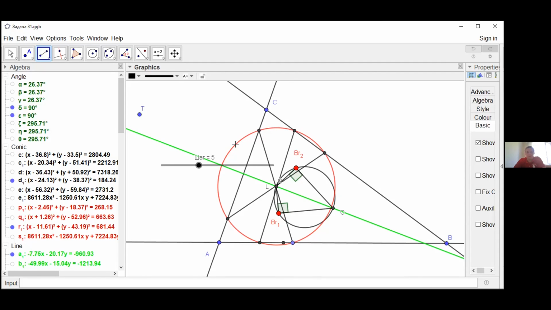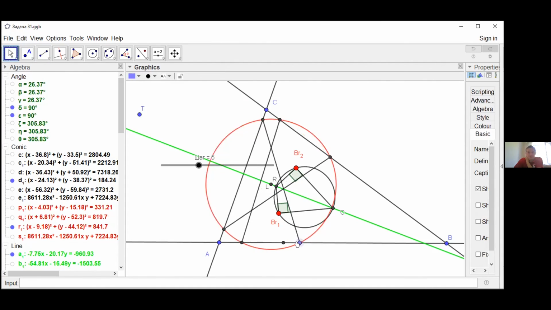This circle is called the Taylor circle, and it's amazing that this known circle is again just one in our family of generalized pedal circles generated by Brocard points.